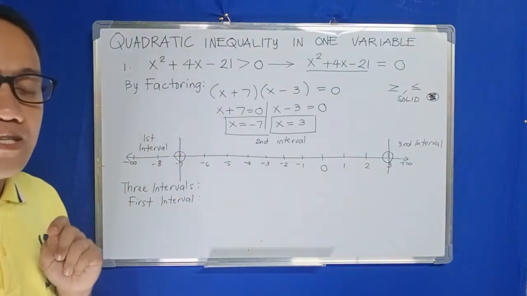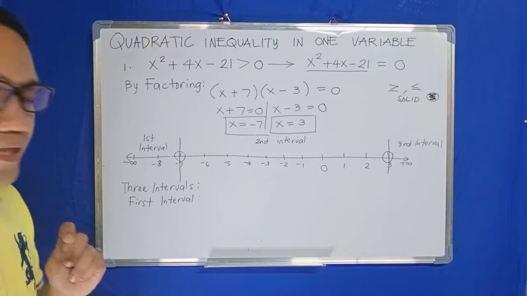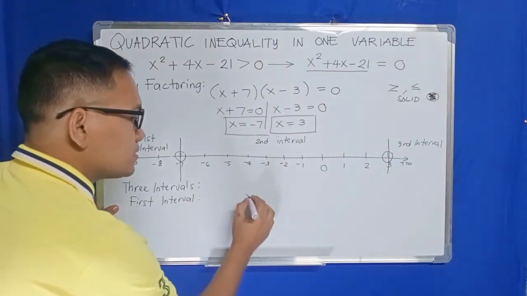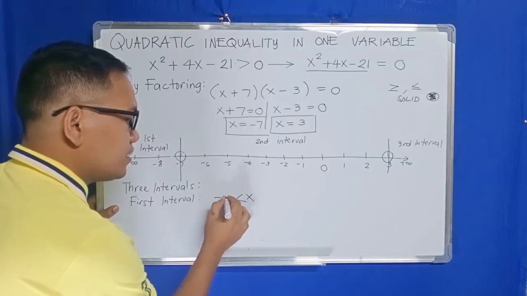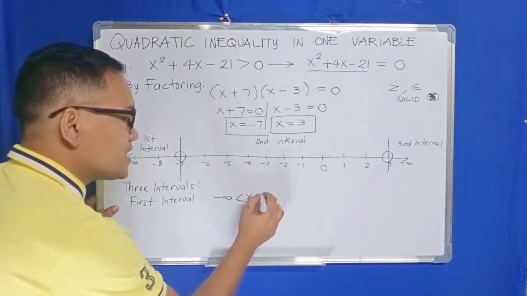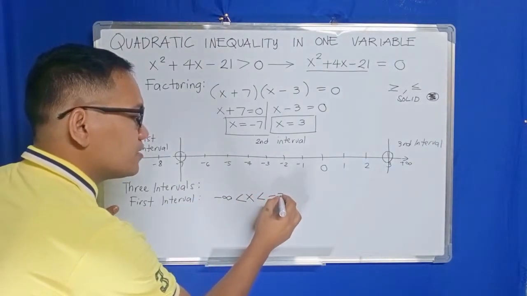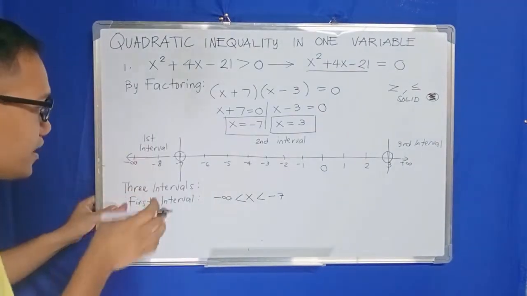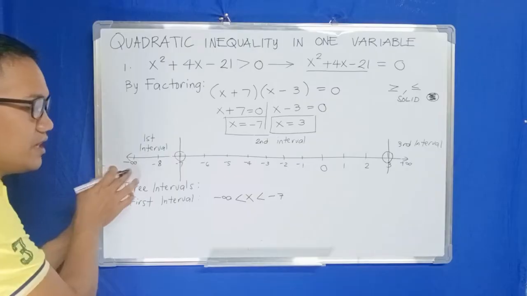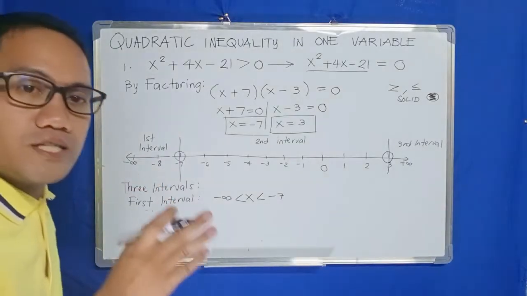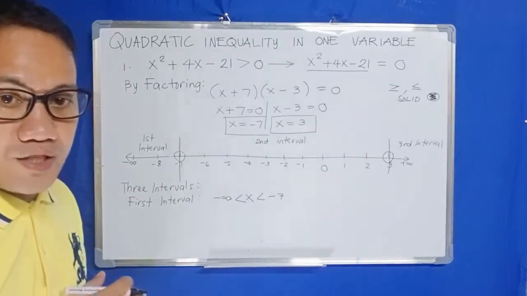So for our first interval, our compound inequality will be x is greater than negative infinity but less than negative 7. Meaning to say, all points that are between our negative infinity and negative 7 are all points or solutions part of our first interval.